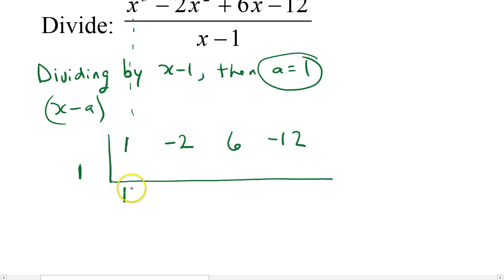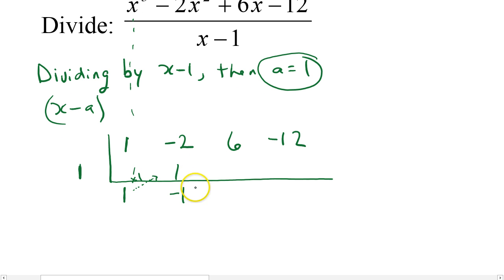Now, whenever I go from this spot up to this spot over here, I'm going to be multiplying by my a value. So in this case, each time I'll be multiplying times 1. So I'll say 1 times 1 is 1. And now I add these two together. So I go -2 plus 1 is -1.